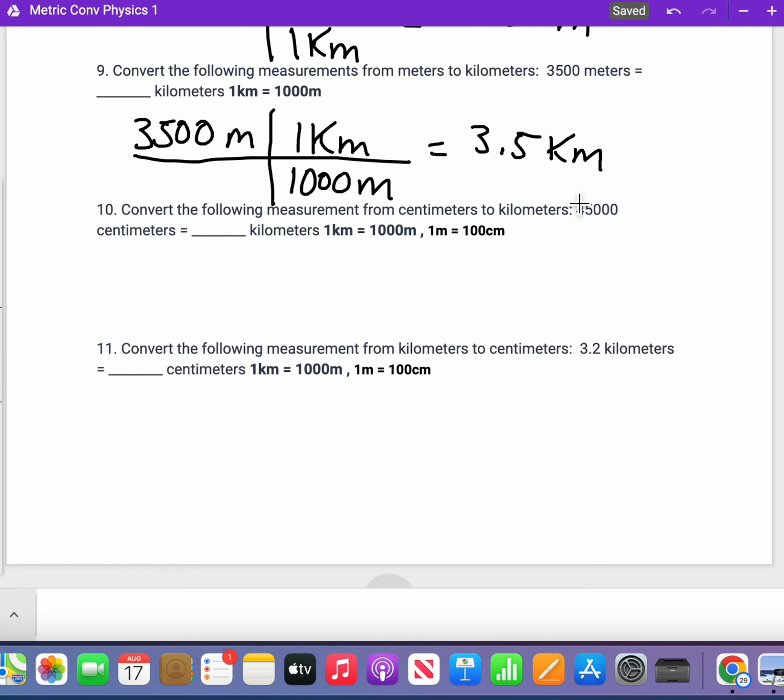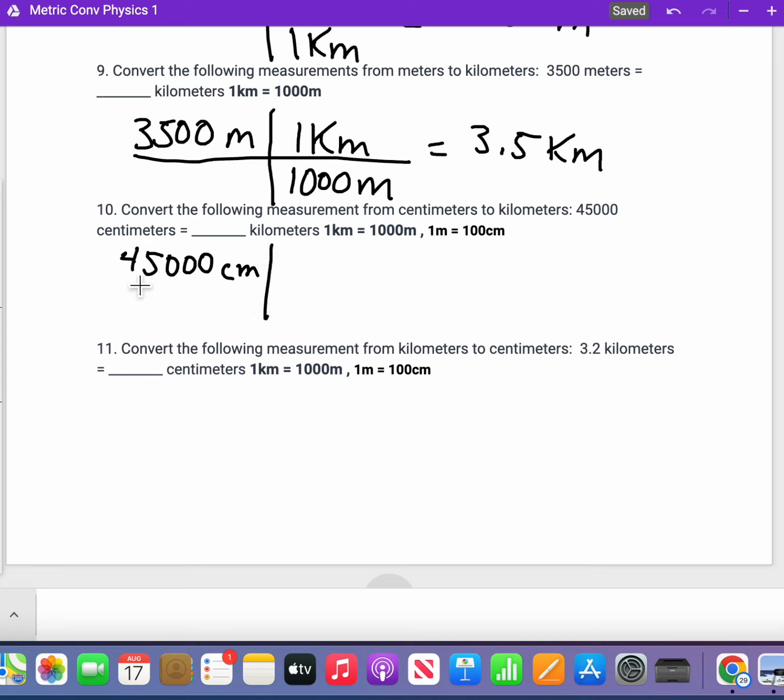Okay, number 10 and 11 are kind of tricky. So here we go. These would be pretty hard. But anyway, convert the following measurement from centimeters to kilometers. So we write down what the problem gives us: 45,000 centimeters.